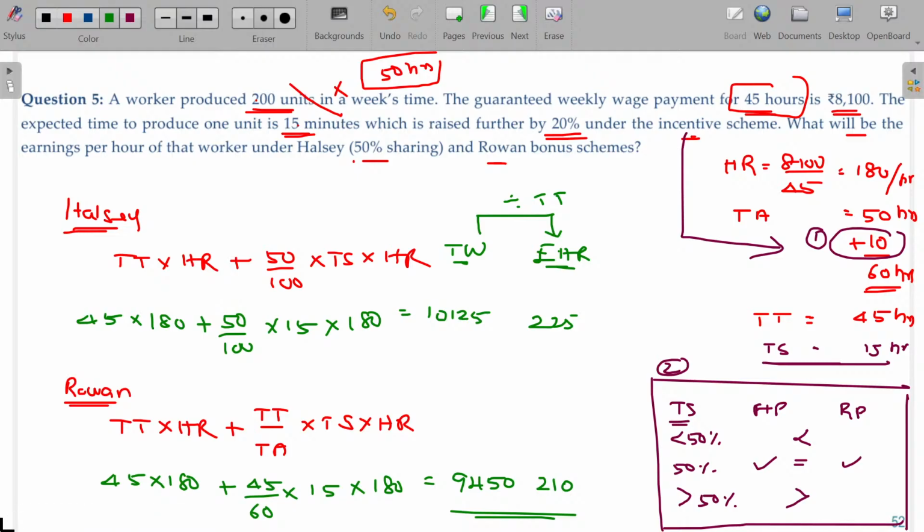I made a mistake, right? First one is what? Okay, this one is 9,450, 210, and this one is 10,125, this is 225. As the time saved is less than 50%, definitely the Rowan plan is better.